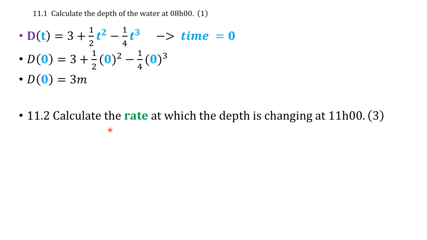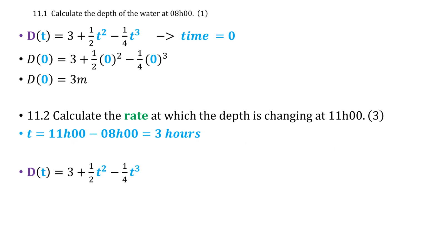Second question: calculate the rate at which the depth of water is changing at 11. So for rate, I'm going to have to find the first derivative. My time, 11 minus 8 when I started, equals 3 hours later. So for rate, I need to find the first derivative of the equation. 2 times a half gives me 1, 2 minus 1 is 1. 3 times negative 1 over 4 gives negative 3 over 4, 3 minus 1 is 2.